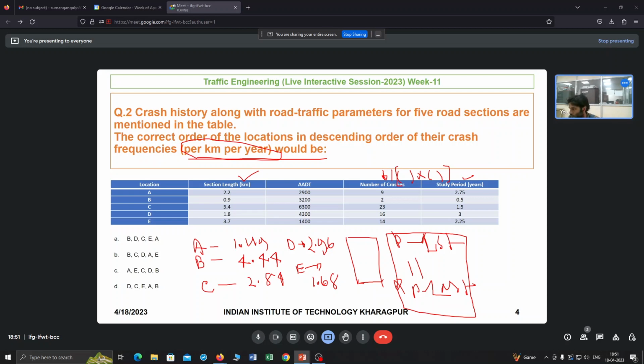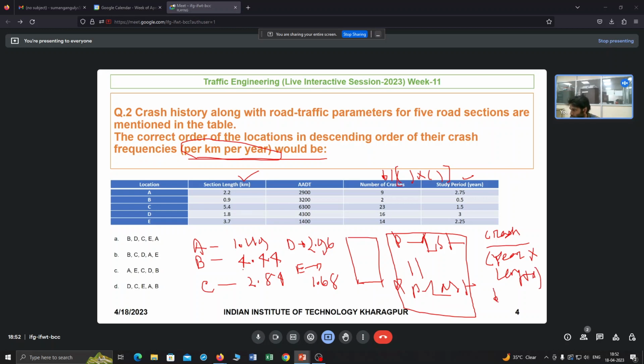So this is how it is done: number of crashes by year, multiplied by the segment length. This is how we calculate.